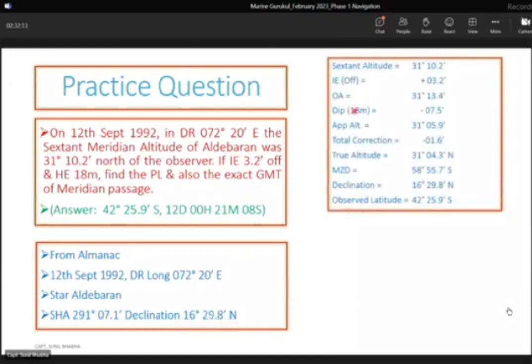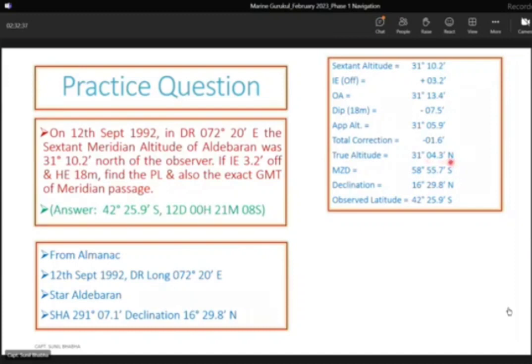Next we correct the altitude of the star. The sextant altitude is 31 degrees 10.2 minutes. Apply the index error, get the observed altitude. Apply the dip correction, get the apparent altitude. We apply the total correction and we get the true altitude of the star, 31 degrees 04.3 minutes.